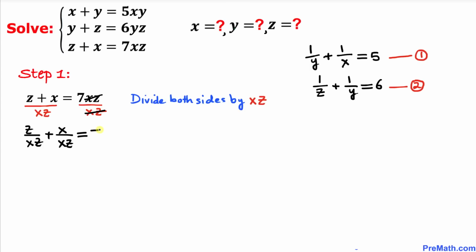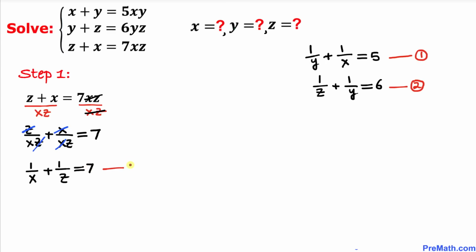So we ended up with only 7. Now on the left hand side, z and z are gone, and x and x cancel each other out. So we ended up with 1 divided by x plus 1 divided by z equal to 7. Let me go ahead and call this our equation number 3.